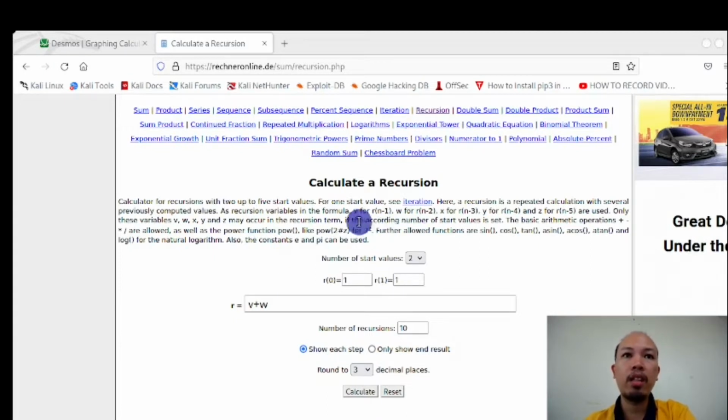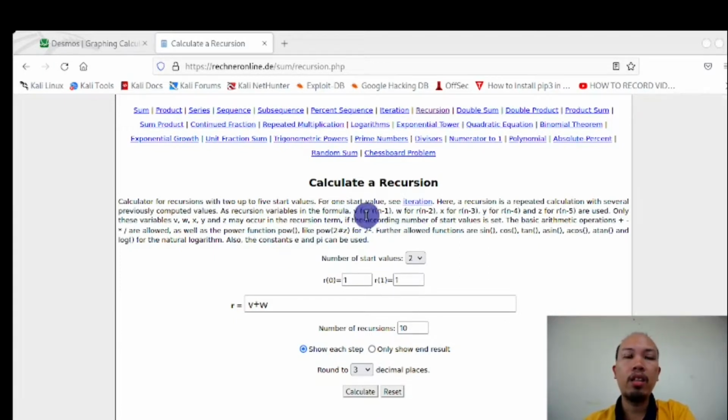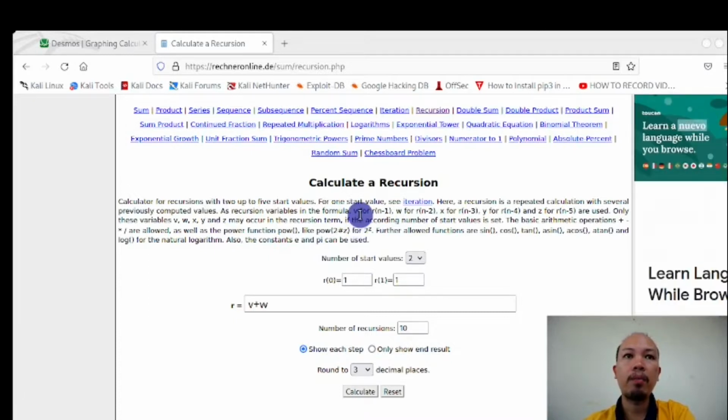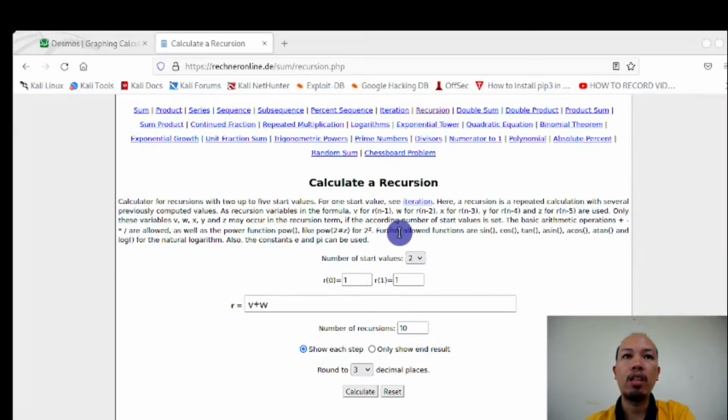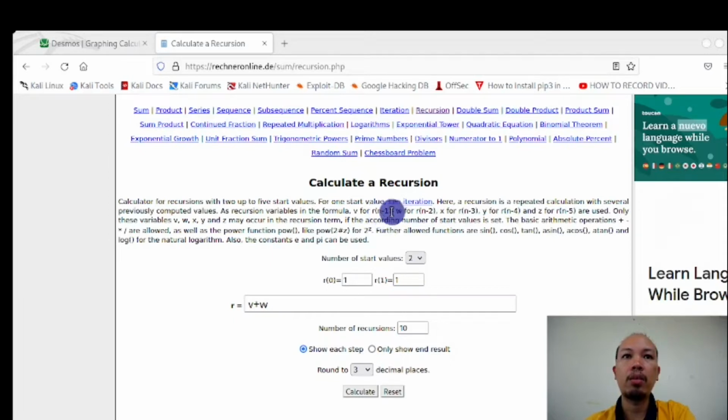It says here that the term for n minus 1 is v, for n minus 2 is w, for n minus 3 is x, for n minus 4 is y, and for n minus 5 is z. There are how many terms? 1, 2, 3, 4, 5 only.